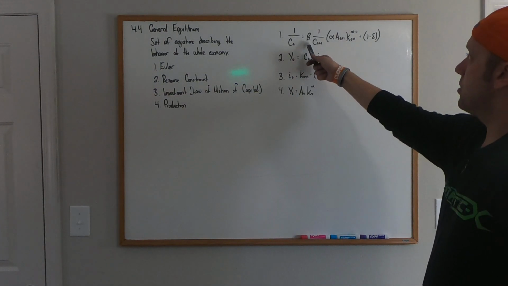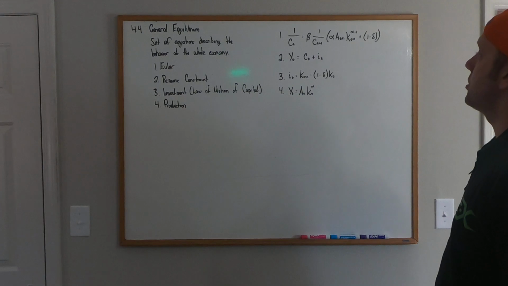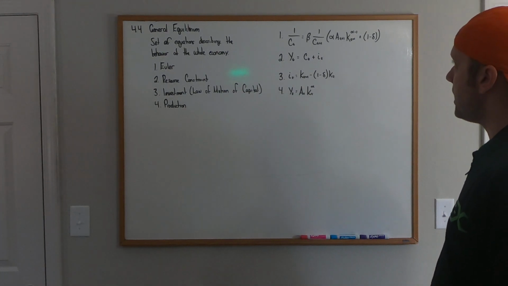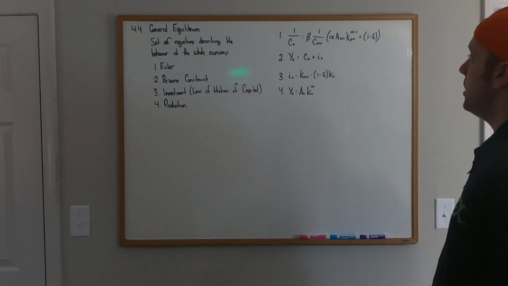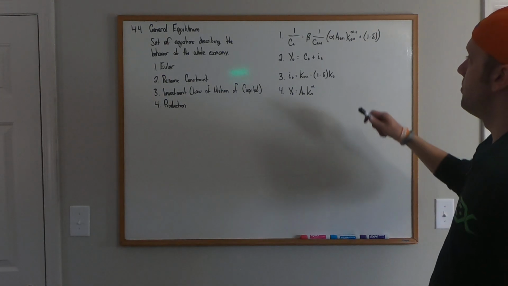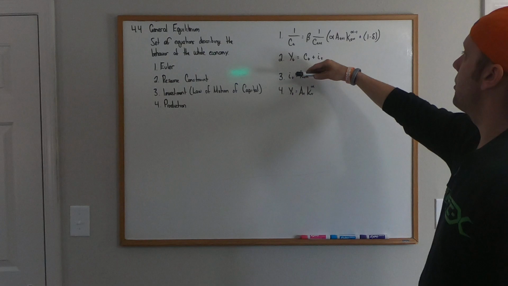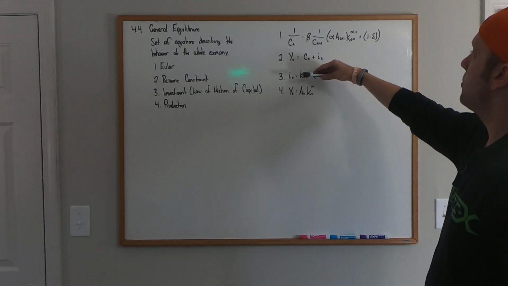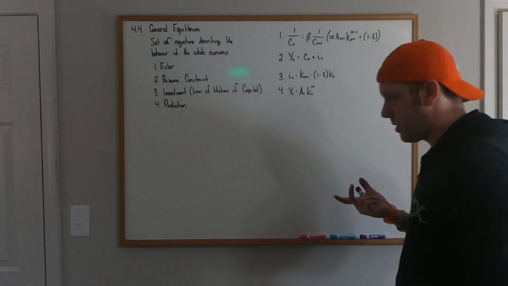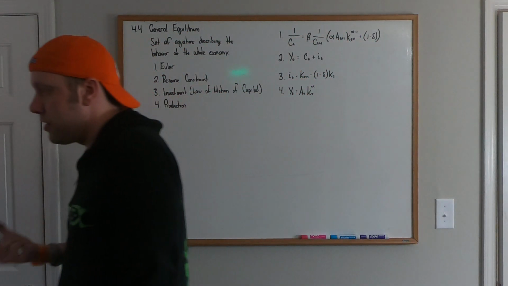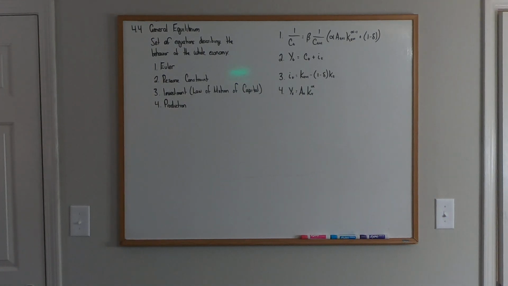Right, beta changes, right? Beta is an exogenous variable, it's a parameter. Beta changes. It's going to change a bunch of stuff in all of these. But let's say I just left out, I don't know, the law of motion of capital. Well, we'd have some weird changes going on that would not make sense for what we would expect to see in the economy, from what we've seen looking at real world data.